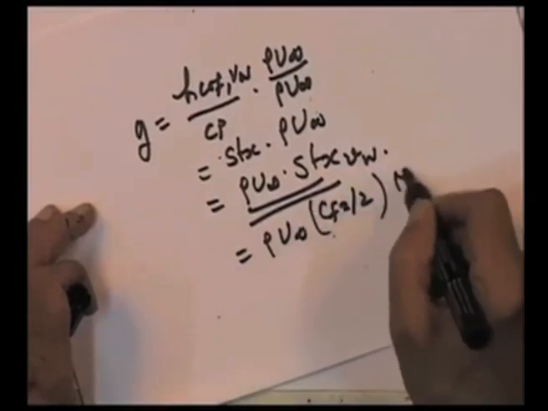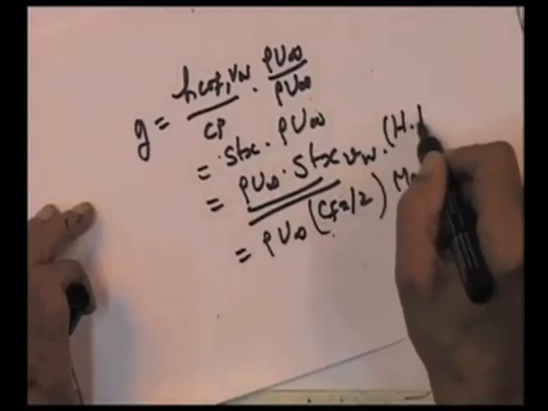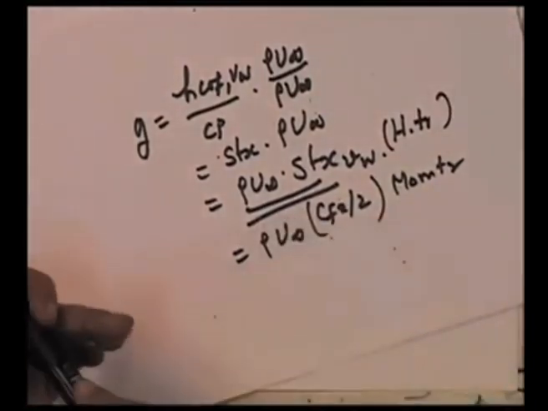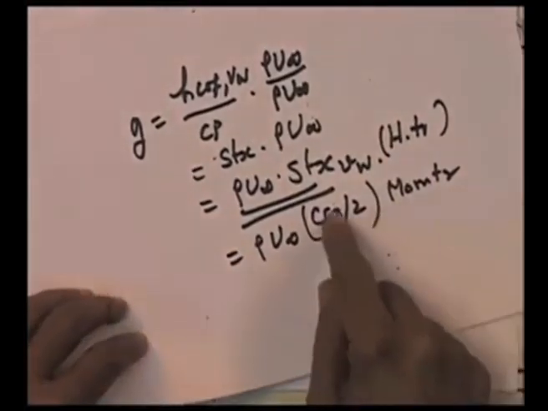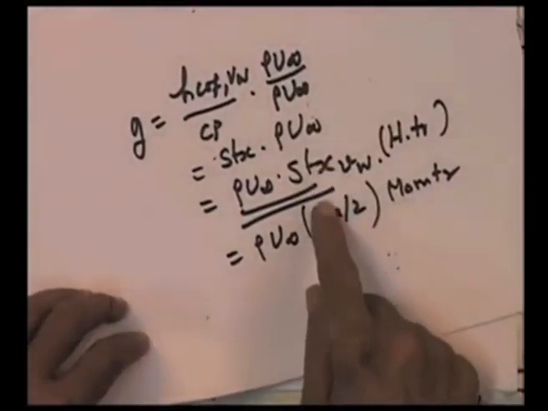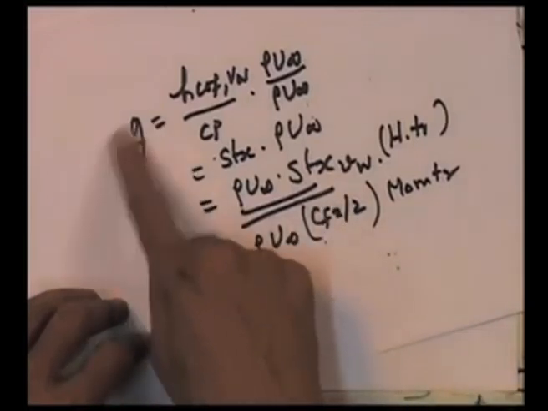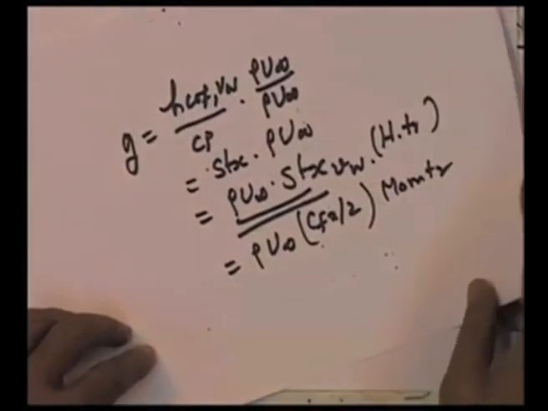That was from momentum transfer, and this is for heat transfer. Very similar formulas, which essentially implies the analogy between heat transfer and momentum transfer through the coefficient G, the convective mass transfer coefficient.